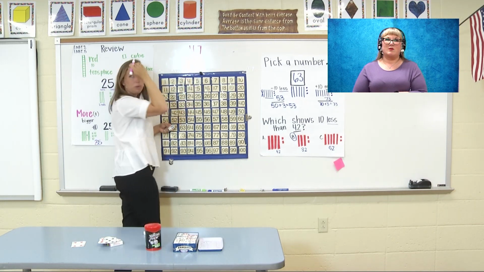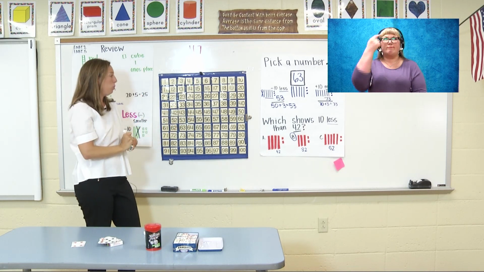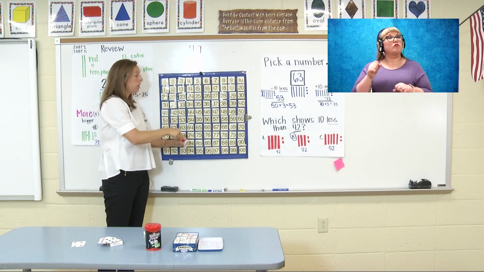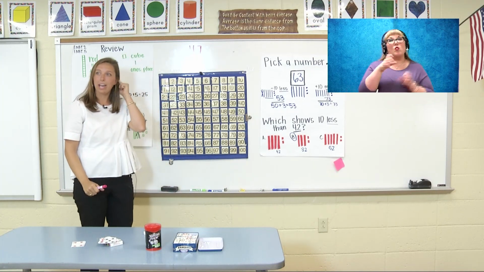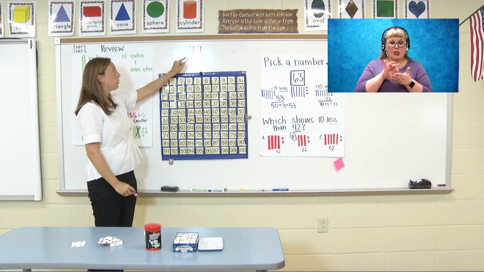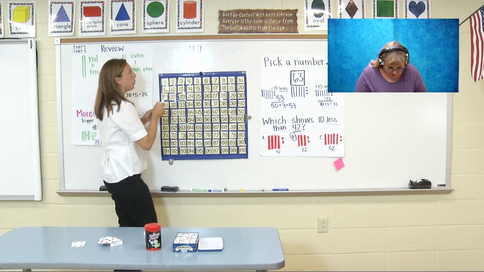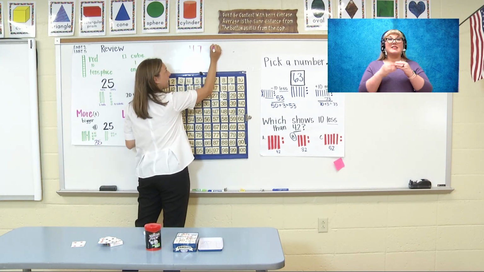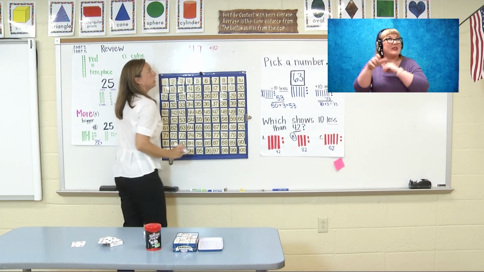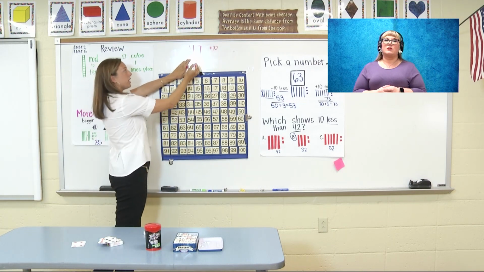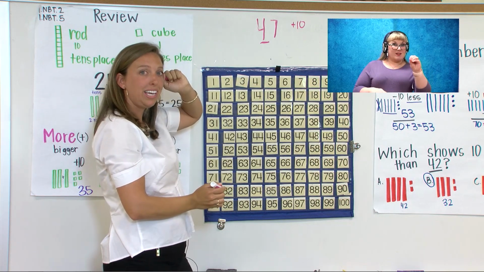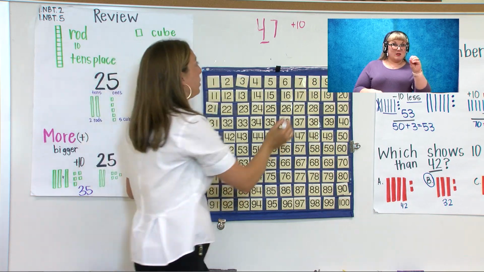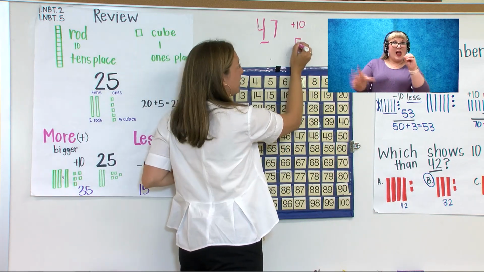We're going to do it mentally this time. You can always refer back to your hundredths chart, or you can do it in your head by counting. So we know we're going 10 more. We're adding a 10 to the tens place. 40, counting by tens, 10 more will give us 50.